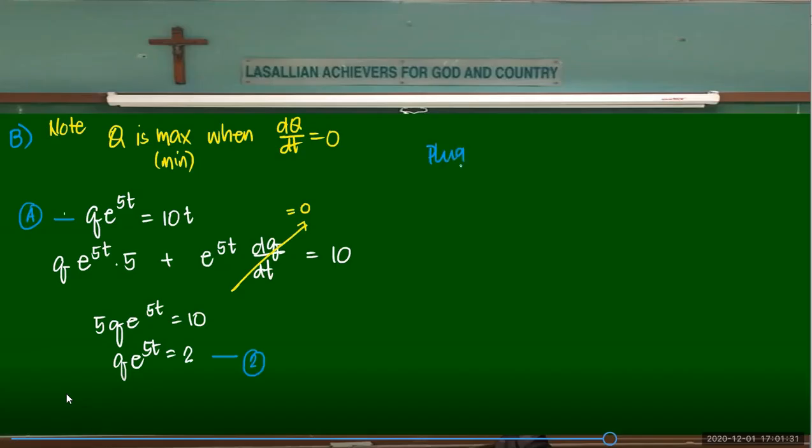Plug in 2 in A. Okay, what happens if I plug that in? 2 equals 10t, sir. So that means you will reach the maximum charge when time is 1/5 of a second, or 0.2 second, right?